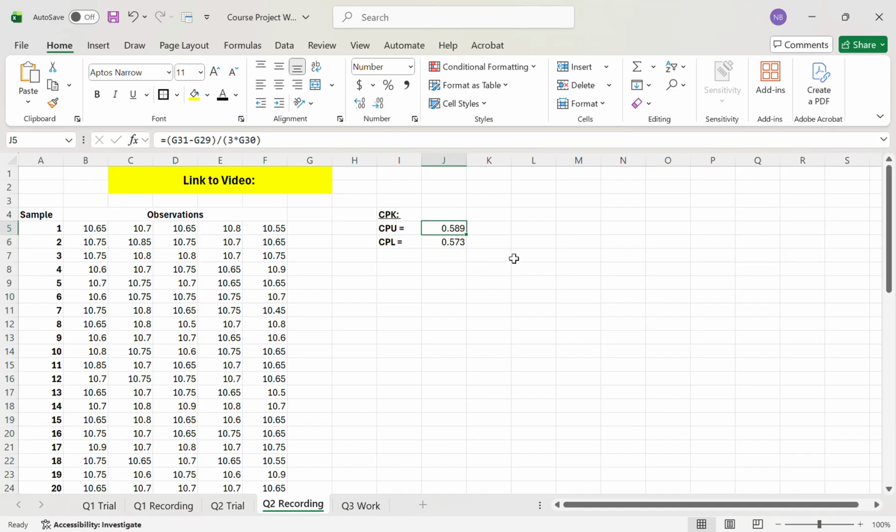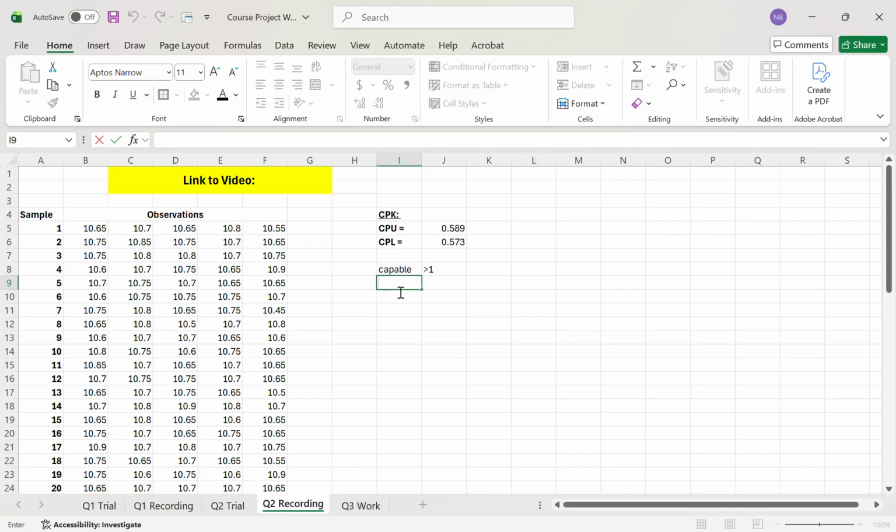So when you're looking at process capability, you're going to look at the lowest result between CPU and CPL. And that's going to be what you base your process capability on. Now, the biggest thing here is that for a process to be capable, a CPU or CPL must be greater than 1.